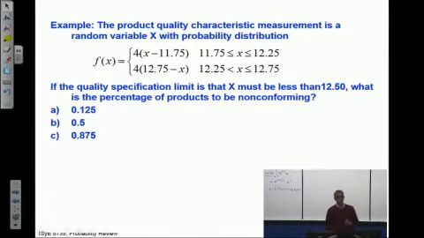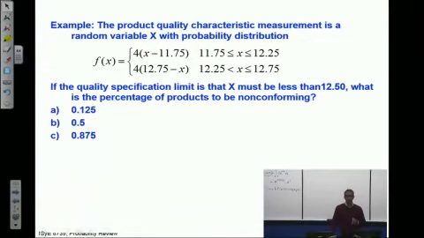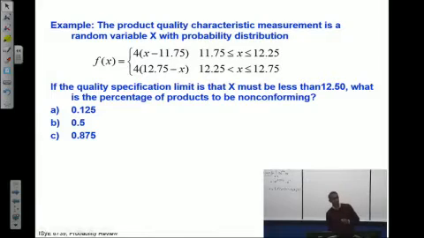Anybody got an answer? A, B, C? Anybody?